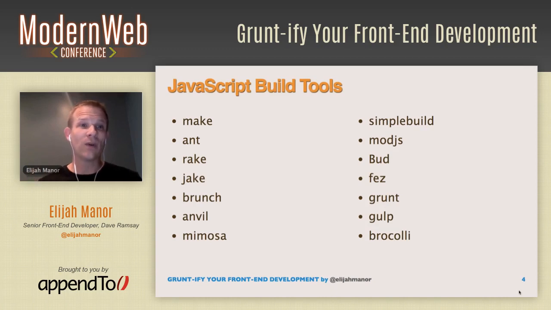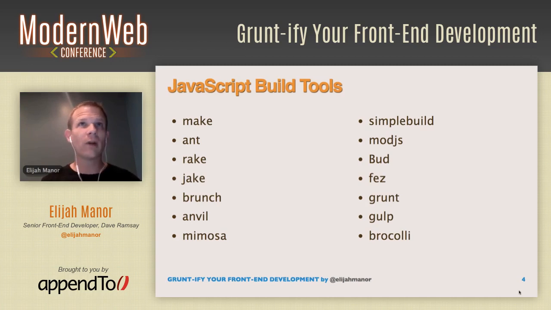As I mentioned before, there are tons of tools, really old ones to new ones, that do the same thing as what Grunt does. It's basically just a build tool. It's a way to automate things that you have to do manually. Make has been around forever. Ant, there's NAnt for .NET. I used to use that. Rake for Ruby people. And Grunt has been around for a couple years.